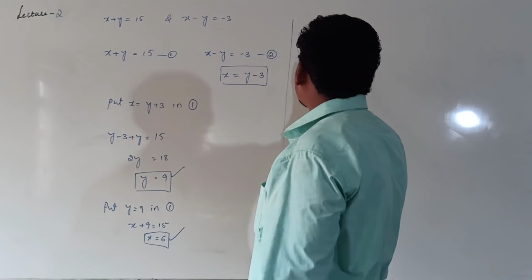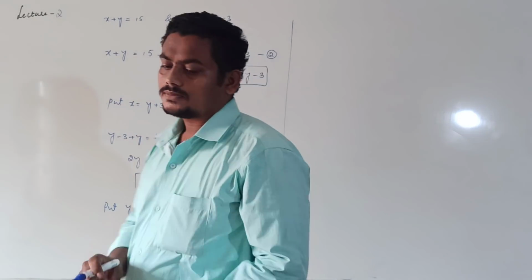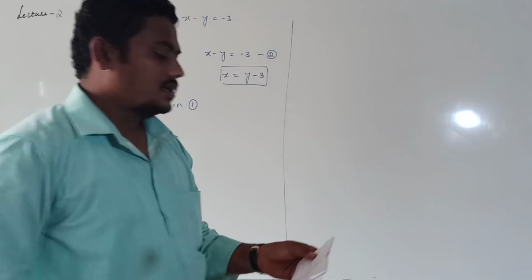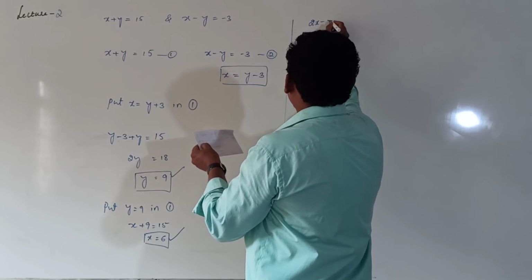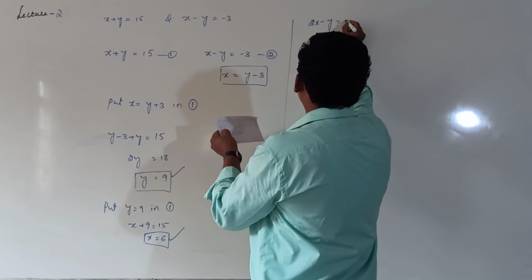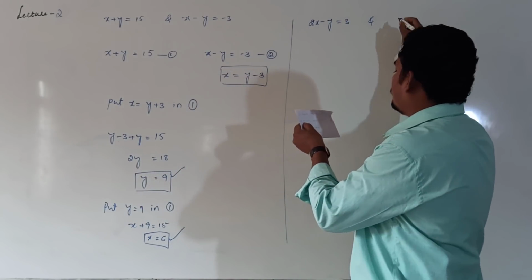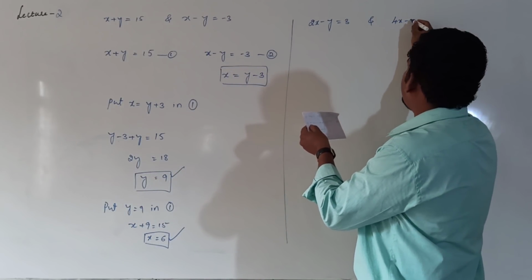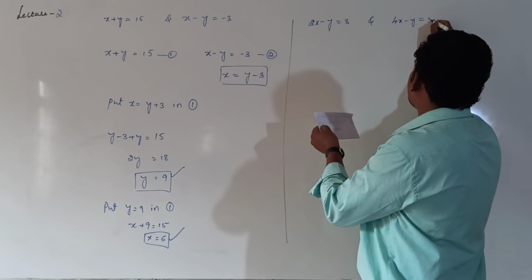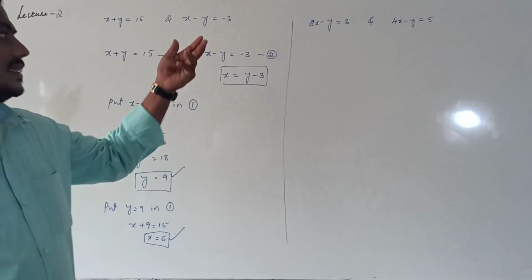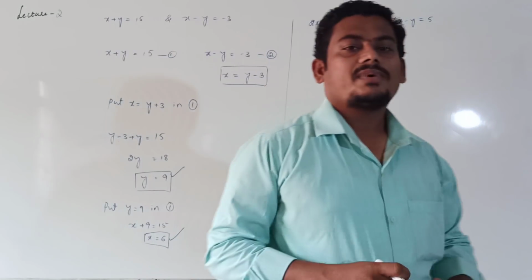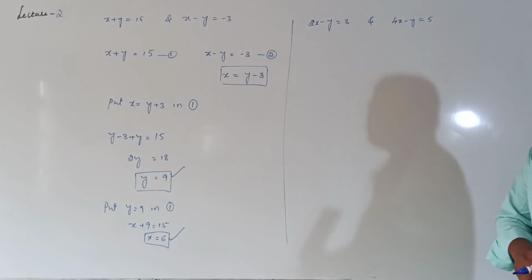Next problem. Solve 2x minus y equal to 3 and 4x minus y equal to 5. Solve these equations by the method of substitution.